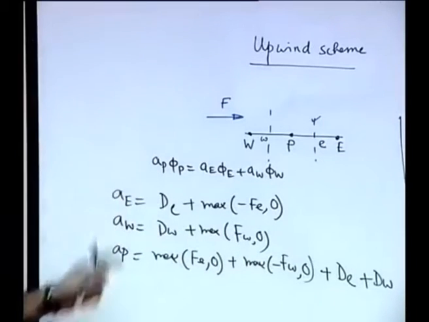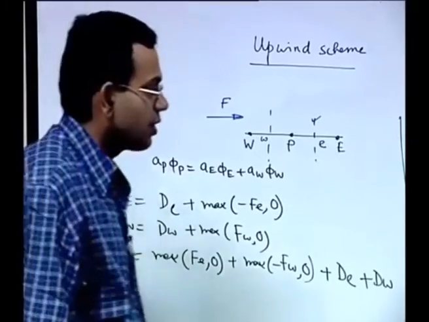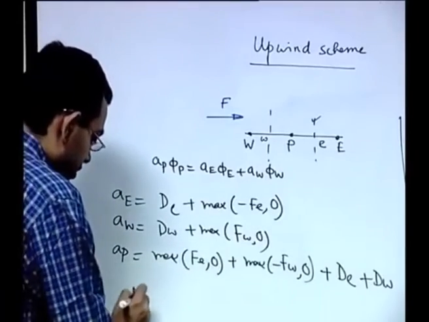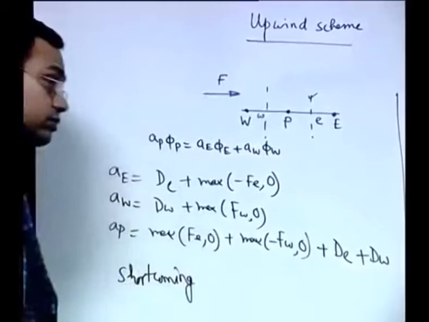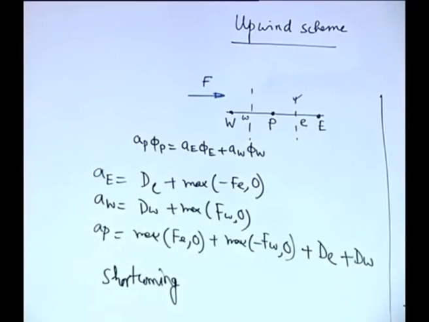Now, despite being physically consistent, there are still some shortcomings with this scheme. What are the shortcomings? When you use the upwind scheme, you tend to use it for a case when there is a strong unidirectional transport.